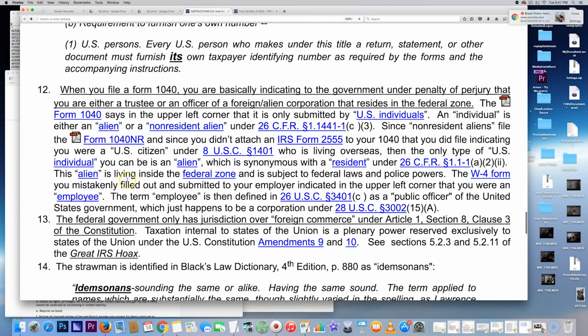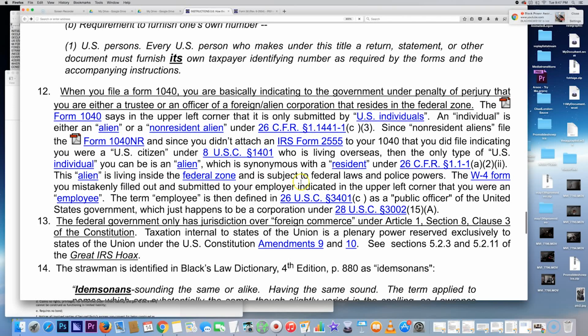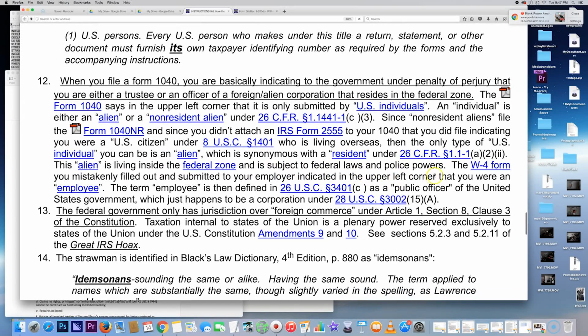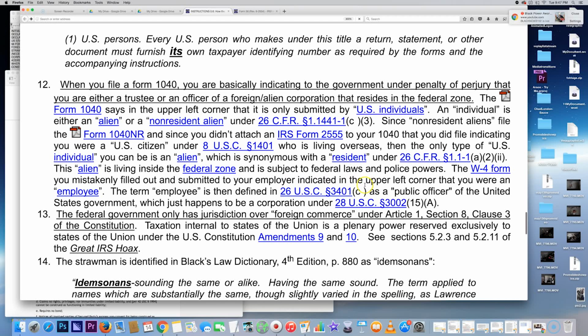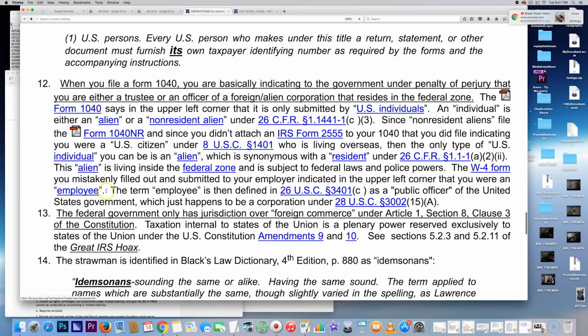This alien is living inside the federal zone and is subject to federal laws and police powers, which means the statutes and citations. The W-4 form you mistakenly filled out and submitted to your employer indicated in the upper left corner that you were an employee.